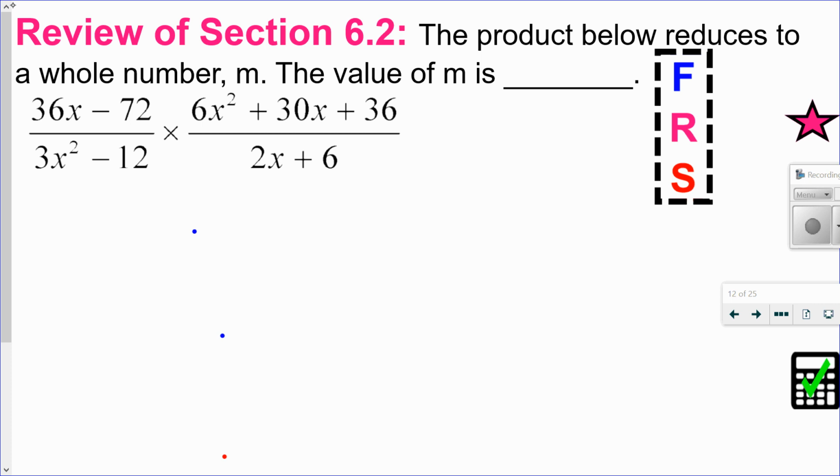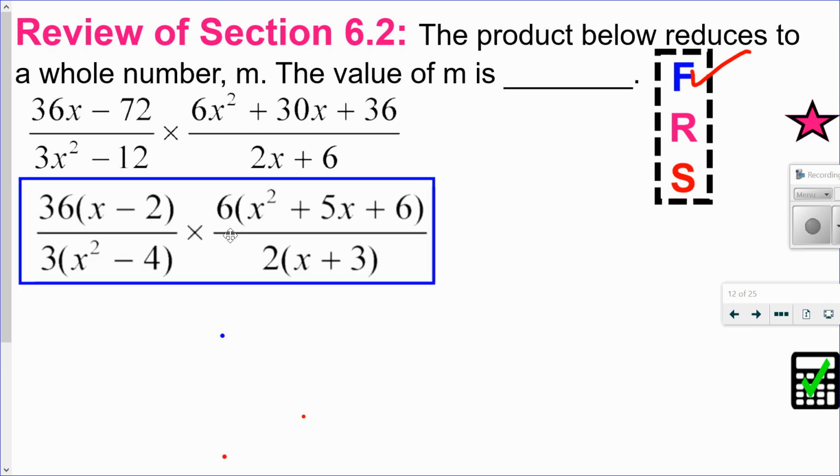Let's factor first. The first step in any kind of simplifying question is going to be to factor. So I'm going to factor the numerator and factor the denominator. I start with the greatest common factor in the first numerator, and the greatest common factor in the second denominator. Then the first numerator in the second fraction also has a GCF, as does the denominator.